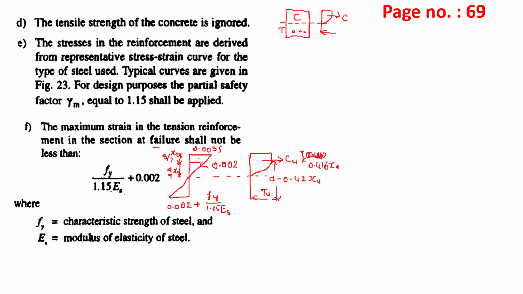Do not say it is in parabola, because if we calculate 3/7, we have 0.428. So 3/7 XU is 0.428, and CU at 0.416 will be in the rectangular portion, because the depth of the rectangle is 0.428 XU.